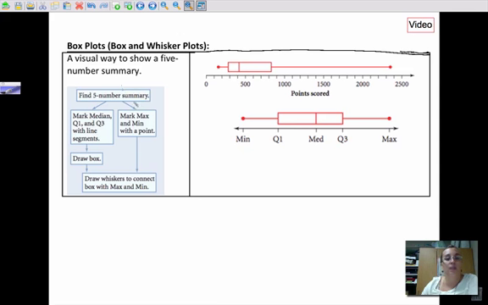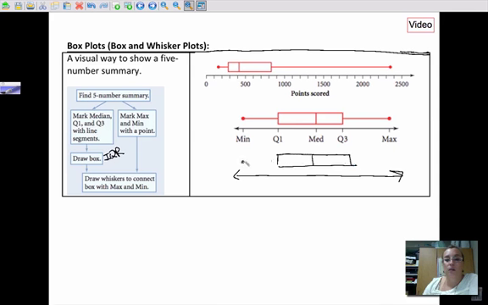You find the 5-number summary. You mark the median, the Q1 and Q3 with line segments. You mark the maximum and minimum with a point. You draw a box around the Q1 and Q3. The box is going to show the IQR. And then you draw whiskers to connect the box with the maximum and the minimum. So you would take your line and mark, let's say, your median, your Q3, your Q1, and you would connect them with a box.